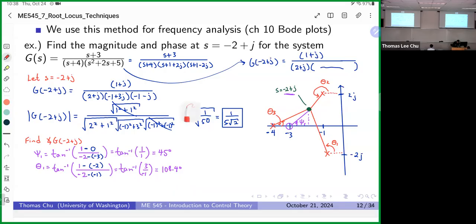Okay, so then we're going to do the same for theta 2 and theta 3. So I won't write it out this time. So theta 2 is just going to be 1 and then -2, and then the length is -2 minus -1.